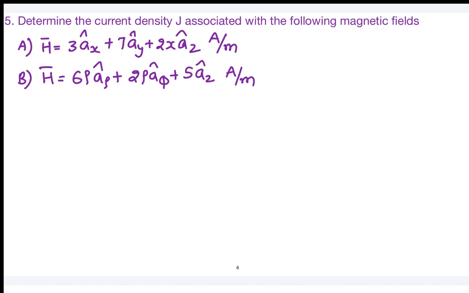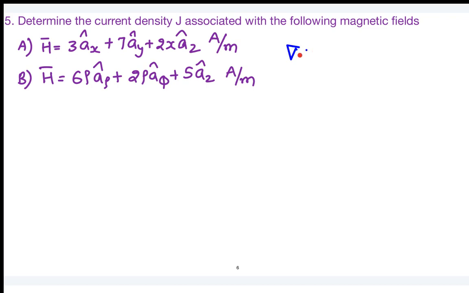This part I was leaving to you, and you can do it and tell me the answer. So determine the current density J associated with the magnetic fields. So you need to find out the current density J in ampere per meter square. If you want, you can write that down. Associated with the magnetic fields, it's right away the curl of that vector.